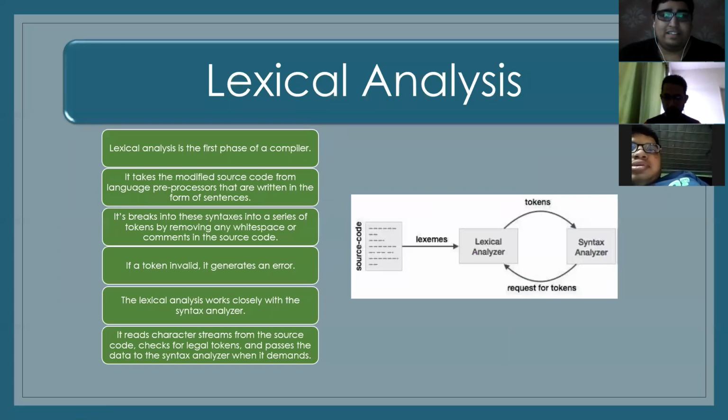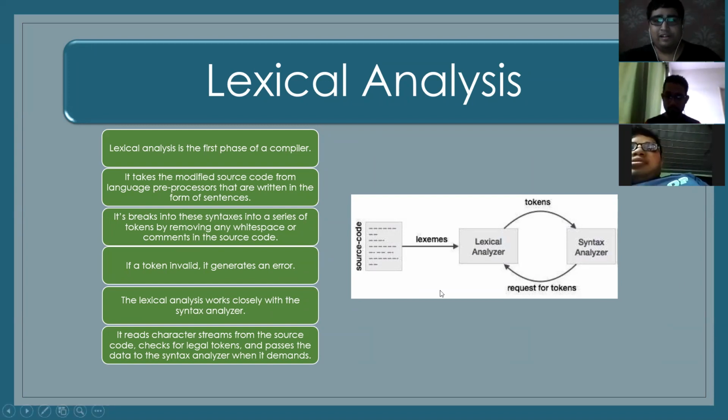Let's start with lexical analysis. Analysis is the first phase of the compiler. It works closely with the syntax analysis. It takes the source code, pre-processed and written in the form of sentences, and converts it into a series of tokens by removing any comments from the source code. The tokens are used so that the source code can pass data to the syntax analysis when it demands.